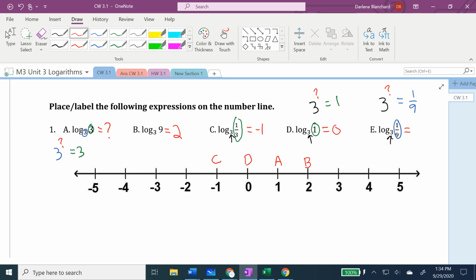What exponent goes on 3 to give me an answer of 1/9? I'm checking chat. Good. So I'm going over to -2 and I'm putting an E on that.